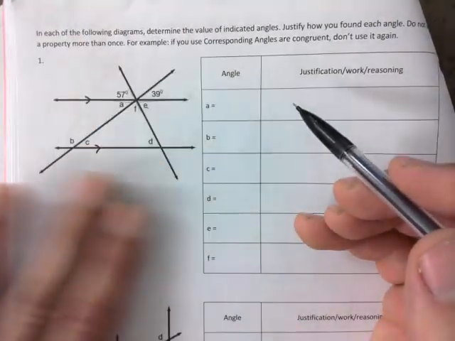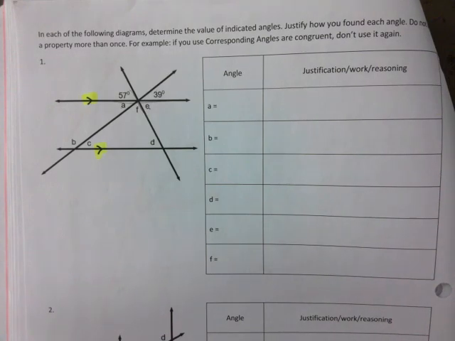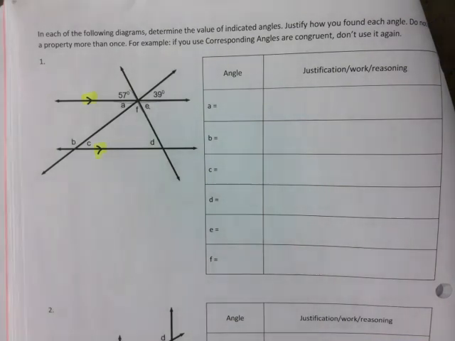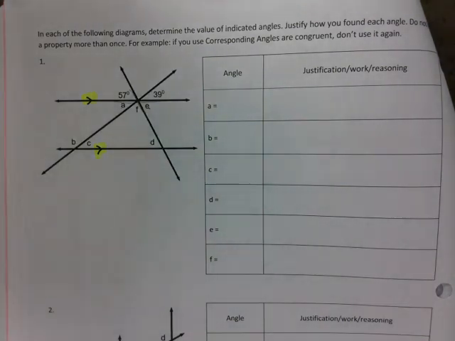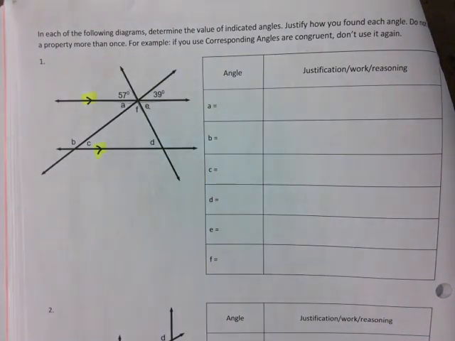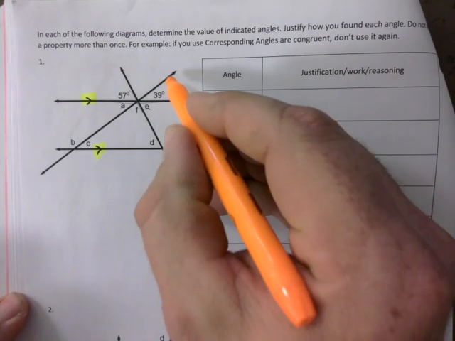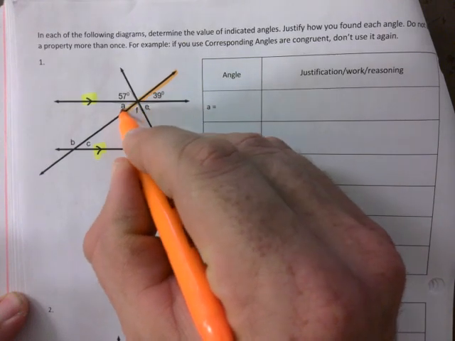Look at this diagram. The first thing, and I would really want to emphasize this, is that there are two lines that are parallel. That means that those assumptions we make about those four pairs, they're all true. Okay, let's move on. The next thing I want you to focus on is maybe the transversals that appear. In this case, the ones that I'm going to focus on, one of them is right here.